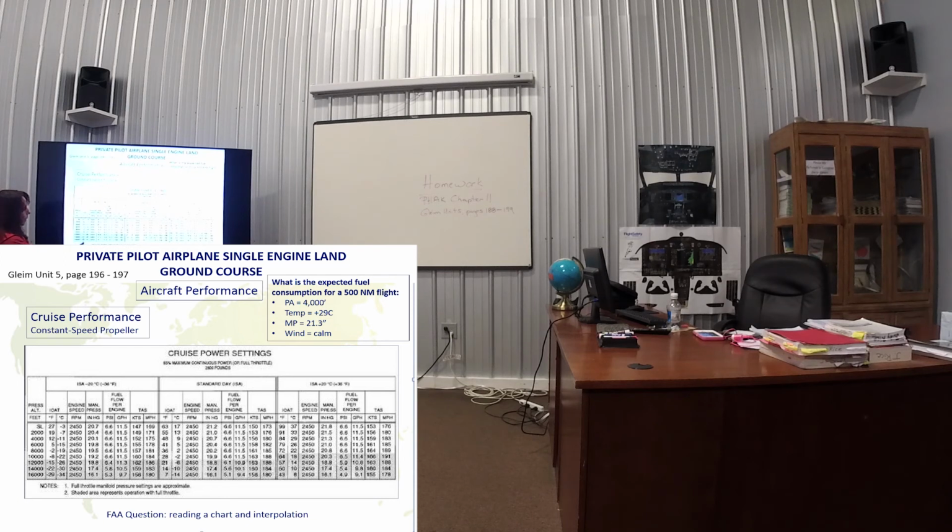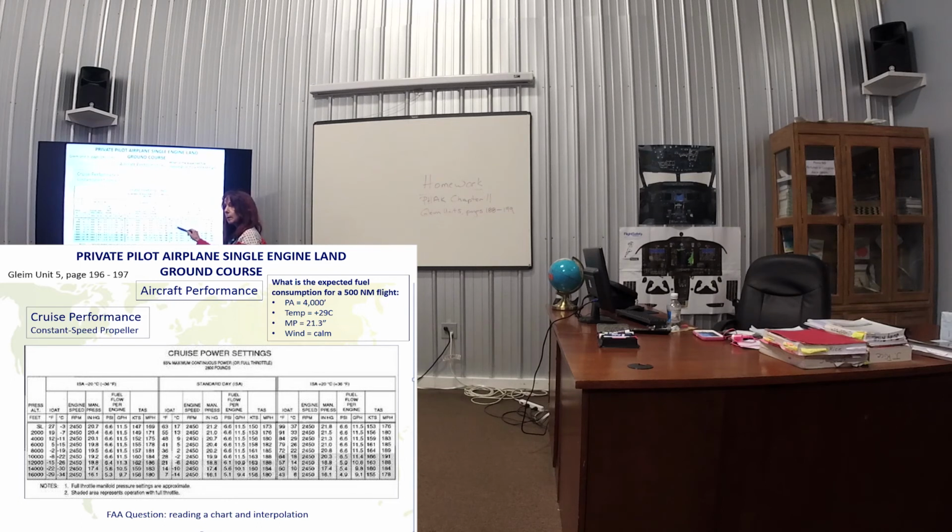So the gray area is at your full throttle. That's all that means. So we are at 4,000. Let's follow 4,000 over to 29 Celsius.